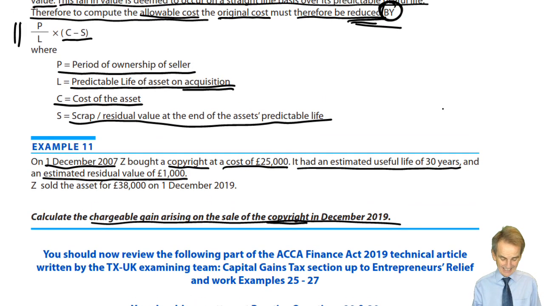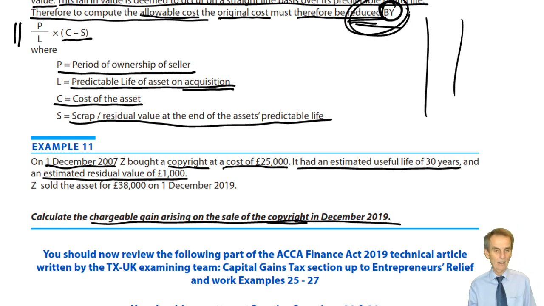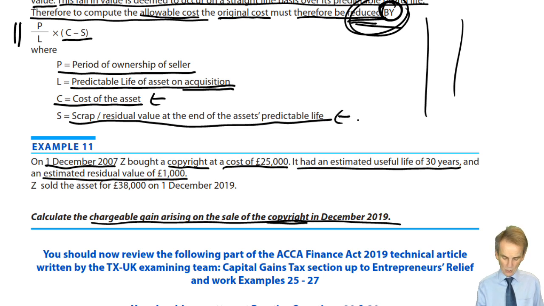So in terms of the letters and the issues that have to go into this calculation, remember the reduction in the original cost to get the allowable cost. We know the cost of the asset. We know the scrap value. We also know the predictable life of the asset on acquisition.